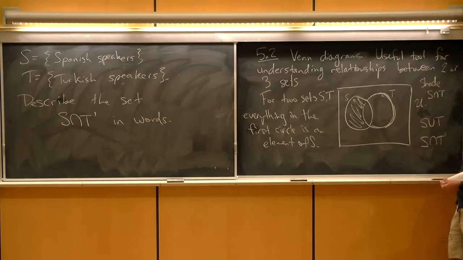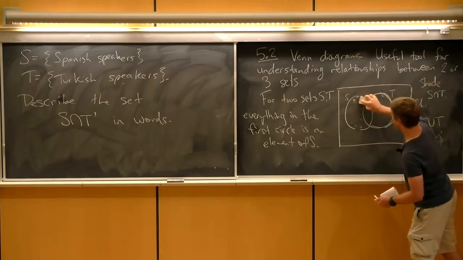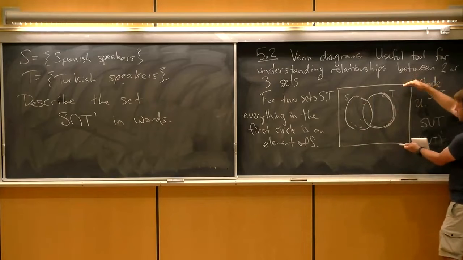So suppose I did, for example, S union T prime. So what would that look like? Exactly, yeah. That's sort of why we draw this box, so that there's something to shade in this case.